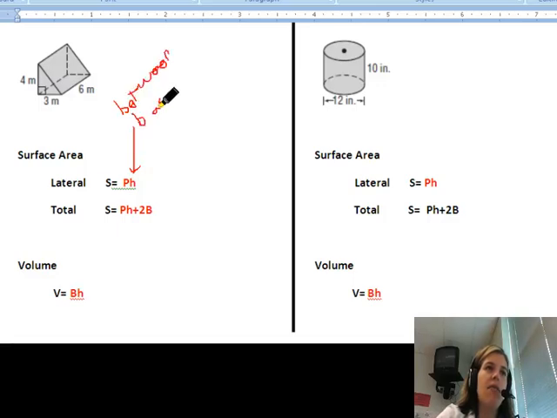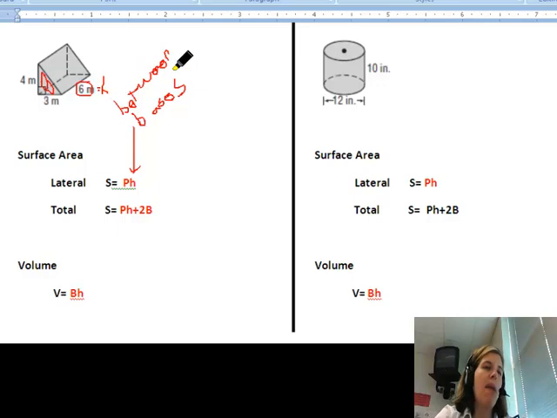In this case, since my triangle is my base, then this 6 is what becomes my height, because that's between the two triangles. This is my H.